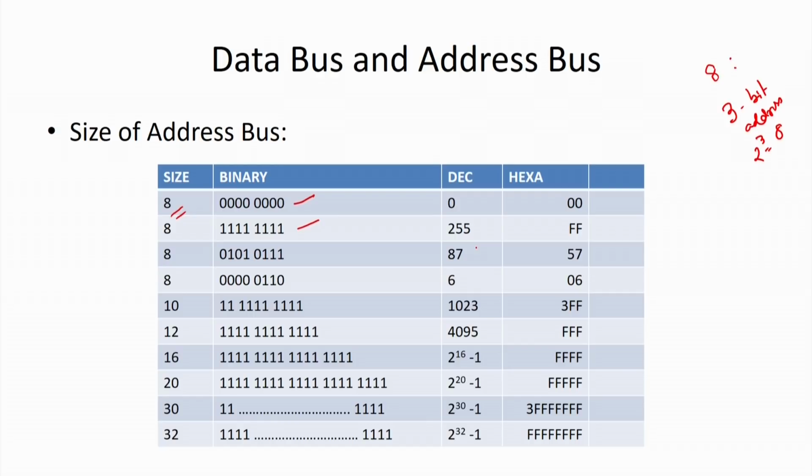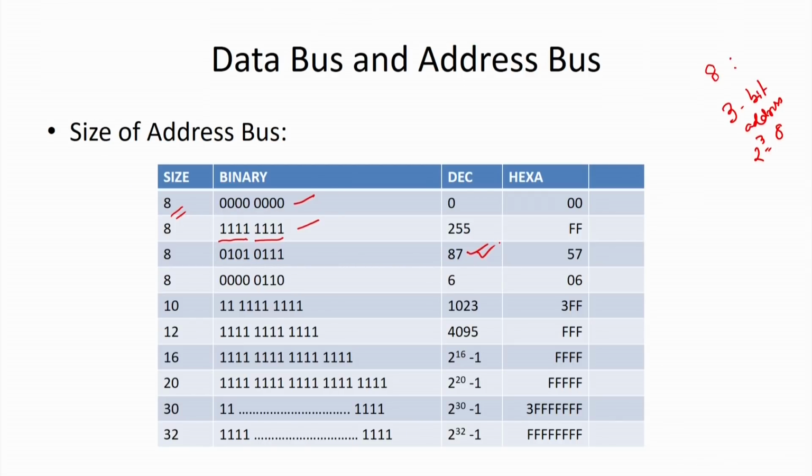And this is 255, and here I am writing it in hexadecimal, because I said that you take 4 bits together and get the hexadecimal equivalent. So, this is FF. Now, if I have an 8 bit address bus and the contents are something like 0 1 0 1 0 1 1 1, then the decimal equivalent of this is 87.